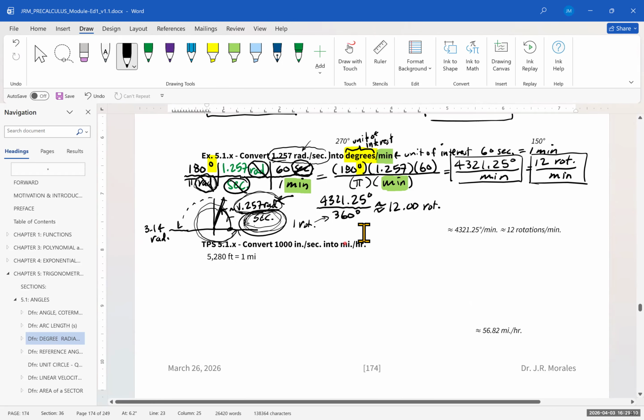This next one is purely a cancellation of units exercise, where we're trying to convert 1,000 inches per second into miles per hour. And again, you could just Google it, sure, but you won't have access to Google on an exam.